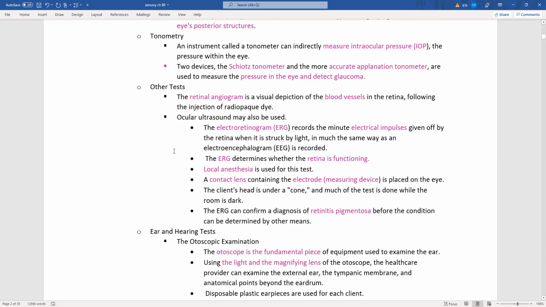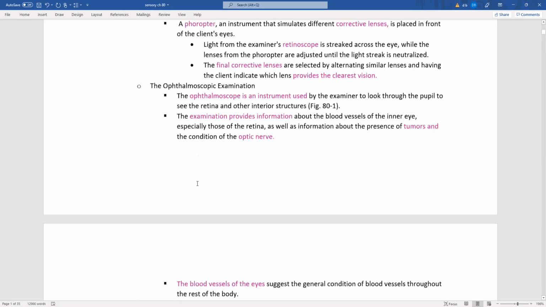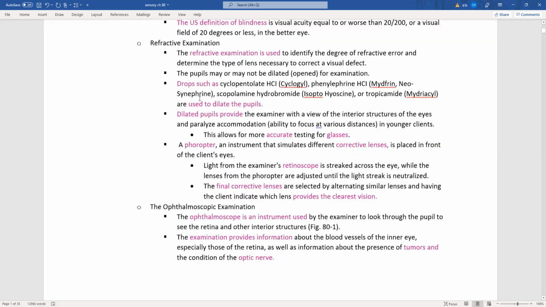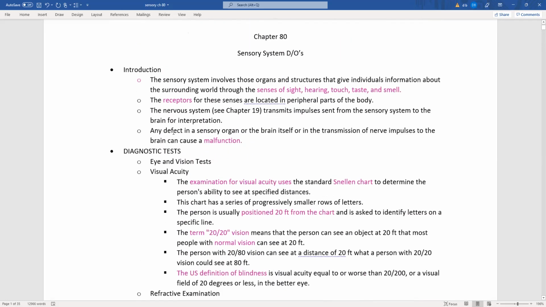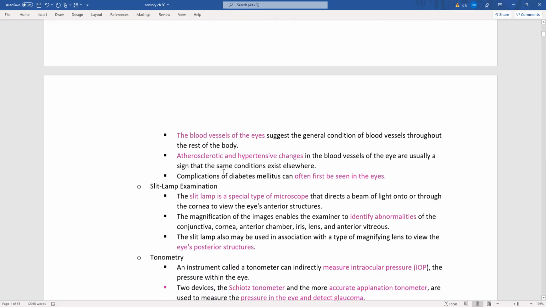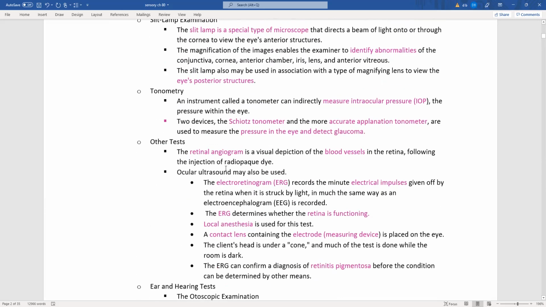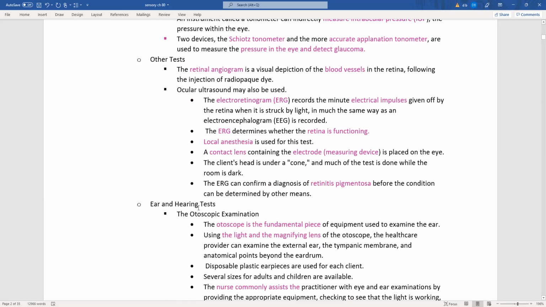Okay, so that was all the diagnostic tests for the eye and vision test. Then we have the hearing test.